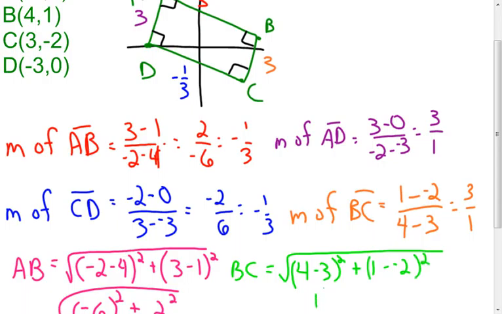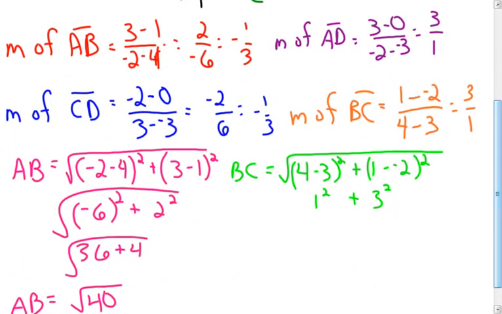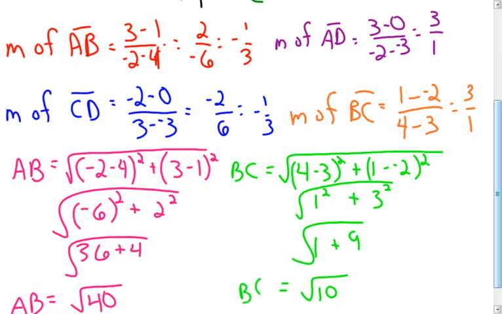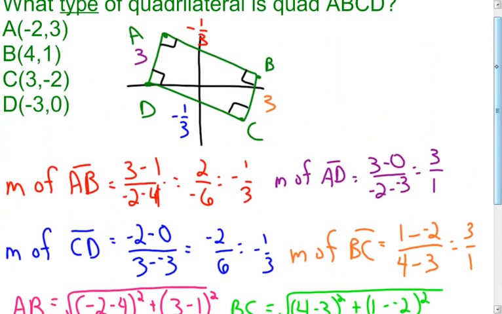So I'm going to have 1 squared plus 3 squared. And don't forget my square root, 1 plus 9, which puts me at the square root of 10 for the length of segment BC. So this one had a length of square root of 10. This side had a length of the square root of 40.